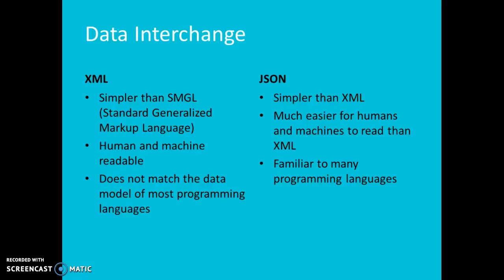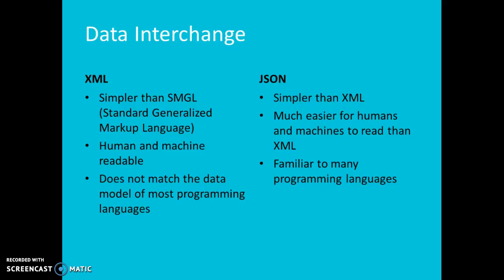Let's talk about XML, or Extensible Markup Language, versus JSON for a second. XML has its origins in HTML, but instead of being used to capture data for a website like HTML, it is used to capture any type of structured data.